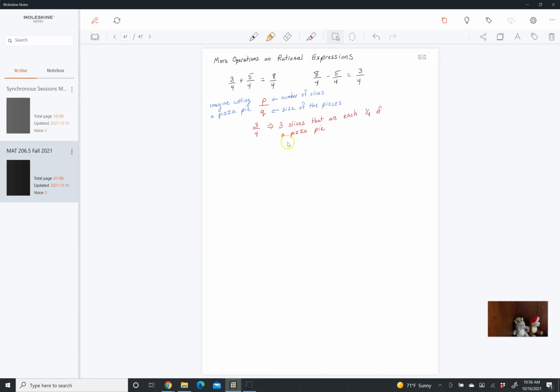Now, what does this mean? This means that when we add and subtract rational numbers, we need to be adding and subtracting slices that are of the same size. Otherwise, it loses its meaning. Okay, so let's write that down.